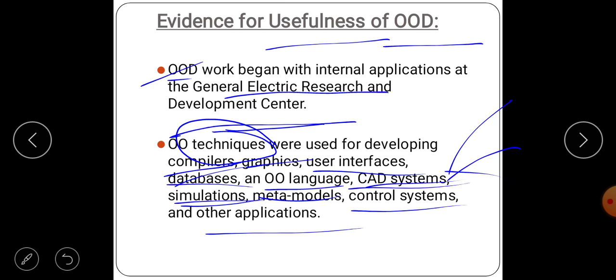And simulation, you can see in the EC lab, what is meant by simulation and how we do it. Meta models. Control systems are nothing but insulin pump systems and mental health care systems. These are the control systems. Next, other applications.